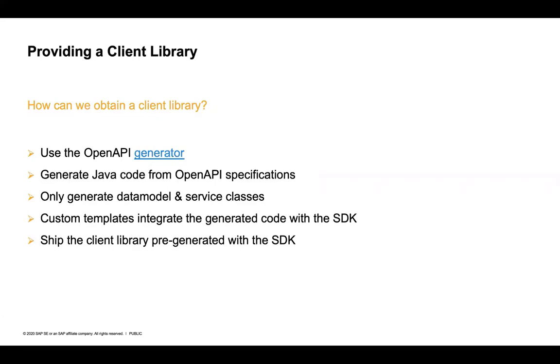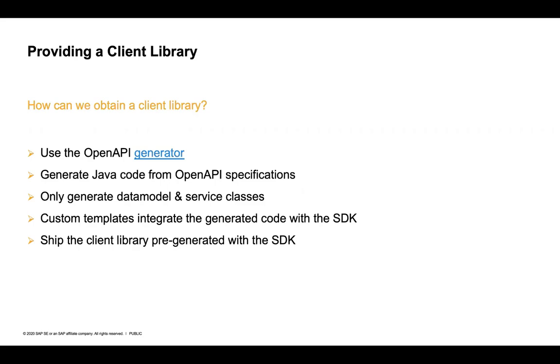And the idea here is that we don't only generate the normal OpenAPI classes that come out of there, but we integrate them together with the SDK. That is how we actually achieve that we can use all of the SDK features together with the generated code from the OpenAPI specification. So we basically only generate the VDM, we only generate the data model and the service classes, which represent the signatures for all of the methods that the API offers.